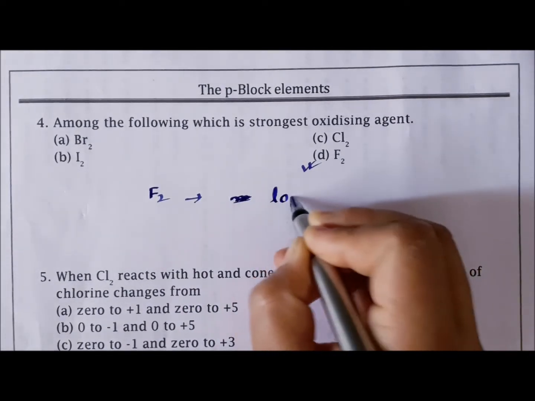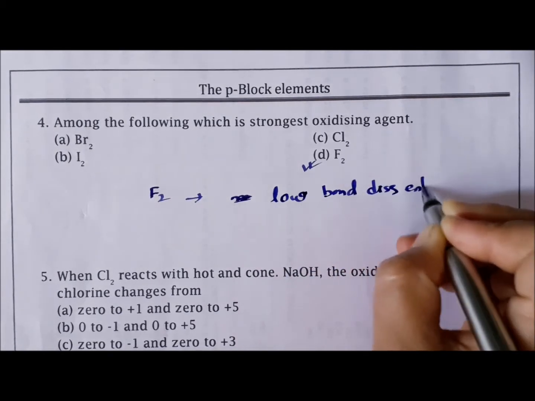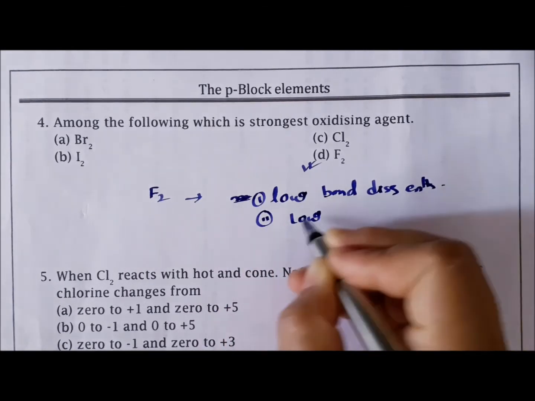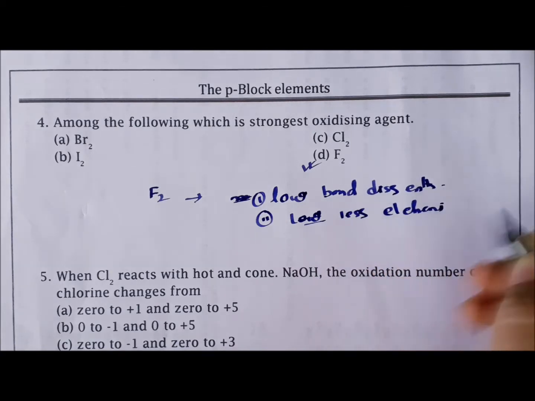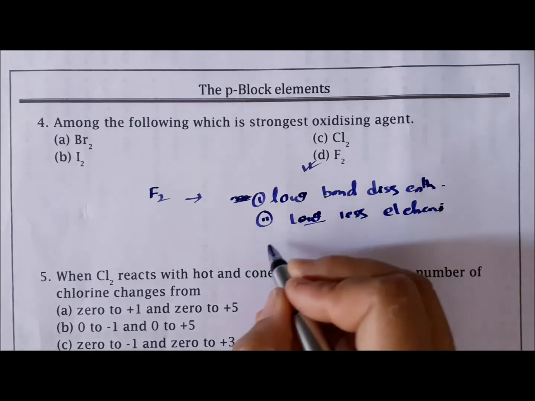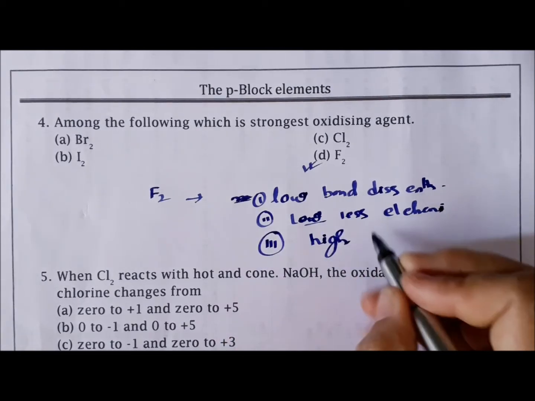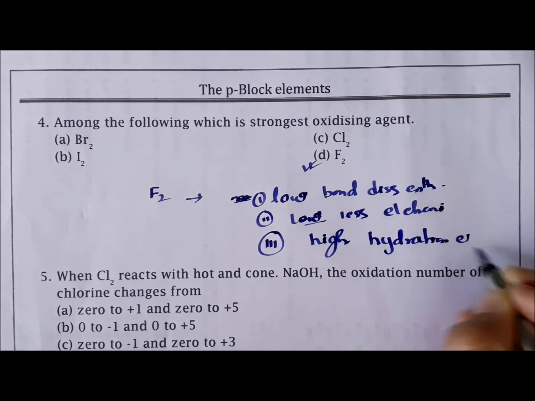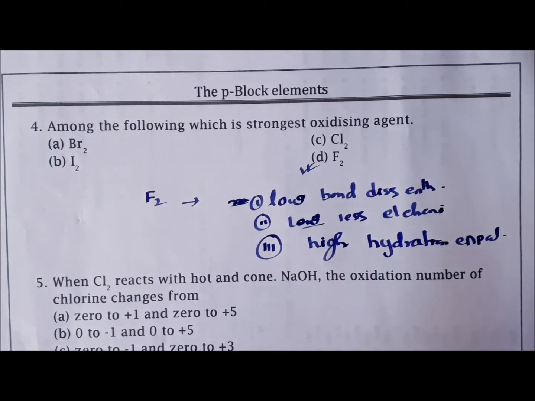Because of low bond dissociation enthalpy. Number 2, less negative electron gain enthalpy compared to that of chlorine. Third, it has high hydration enthalpy. Because of these three reasons, fluorine is the strongest oxidizing agent.